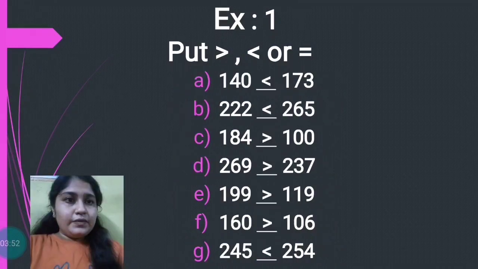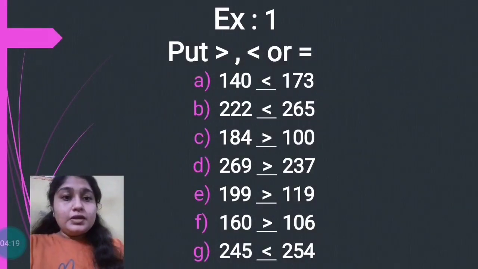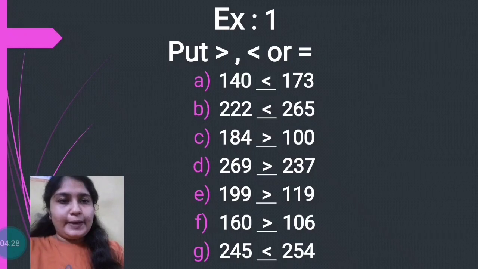Yes, now here students, 140 is less than 173, or else you can say 173 140 से बड़ा है. B, 222 is less than, छोटा है किससे? 265 से. यहाँ आप बोल सकते हो 265 222 से बड़ा है. C, 184 is greater than 100, or else you can say 100 184 से छोटा है.